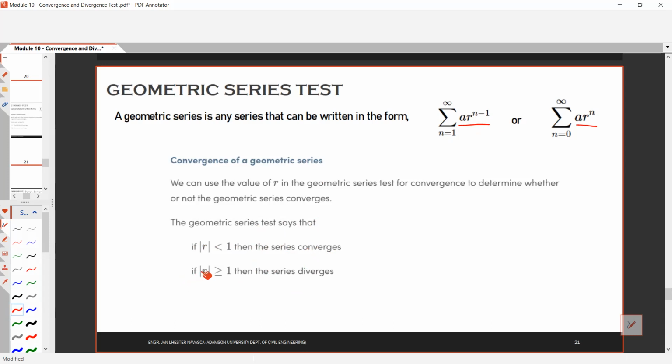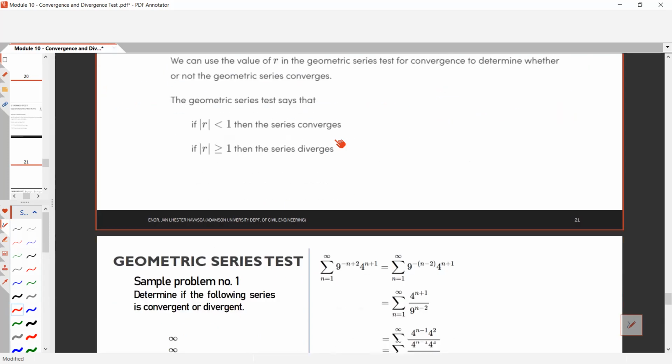And if the absolute value of r is greater than or equal to 1, then the series diverges. So you just take the ratio r from your geometric series.